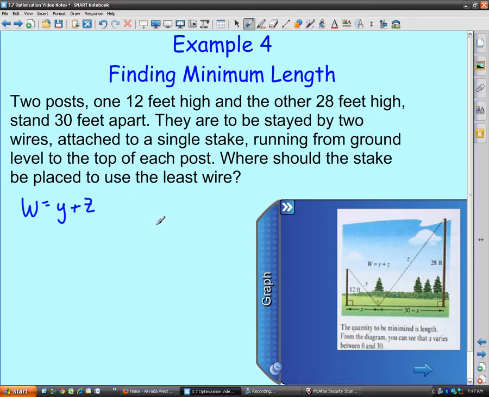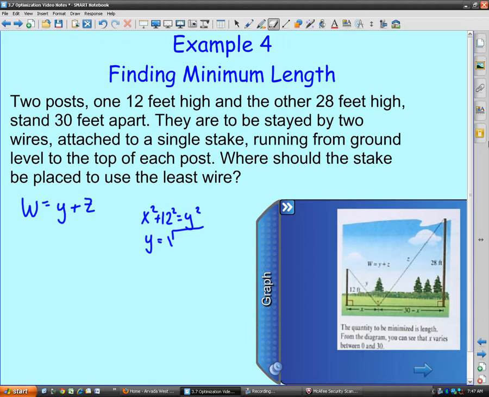So we know that x squared plus 12 squared will equal y squared. So we know that y is really the square root of x squared plus 144.